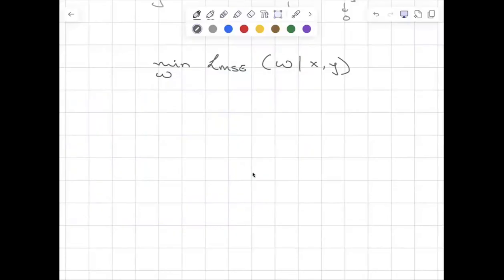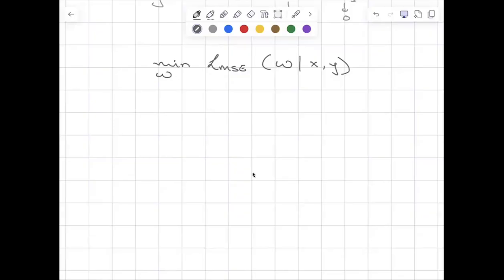This is the reason why I was hammering away right at the beginning. The loss is a function of W. W is the knob that we are tweaking, the knob that we are varying in order to get the minimum loss. That is the freedom we have, where we can change W any way we want.